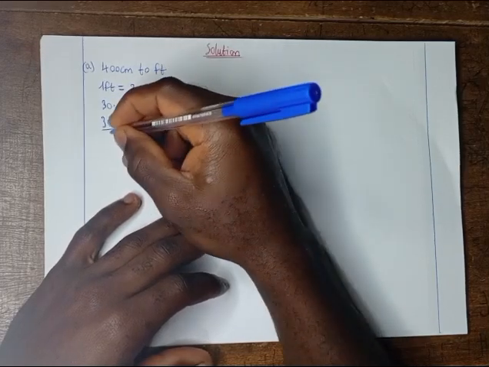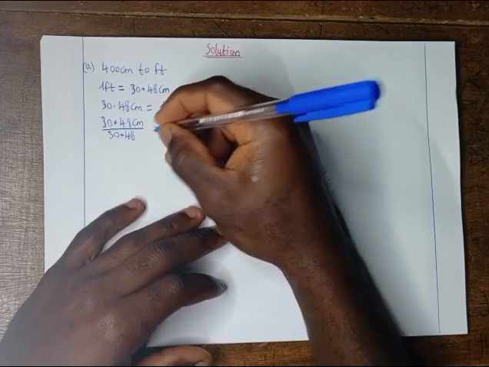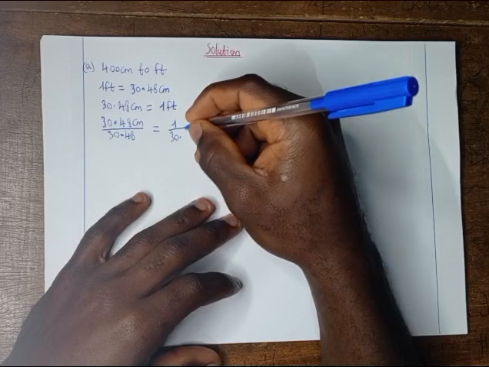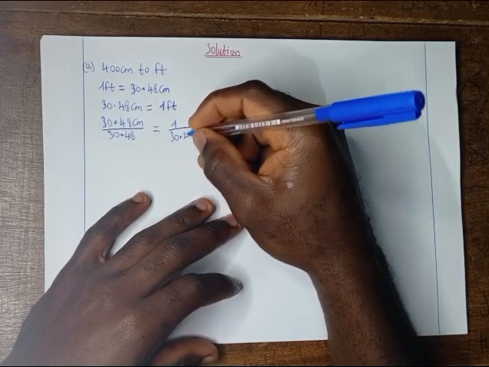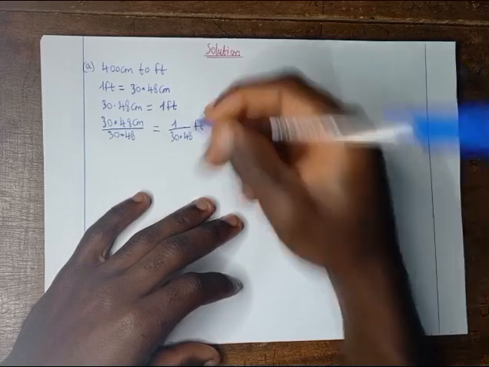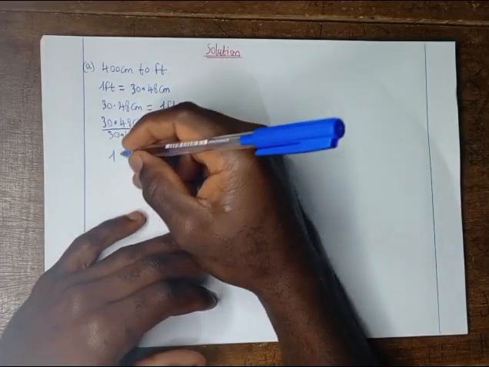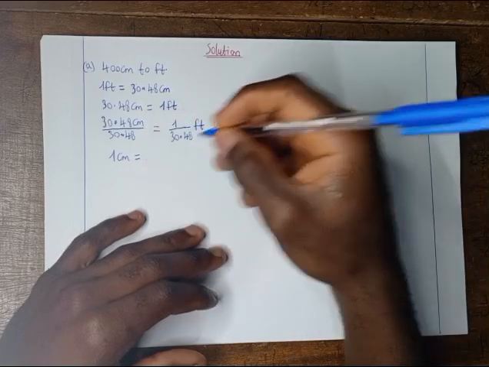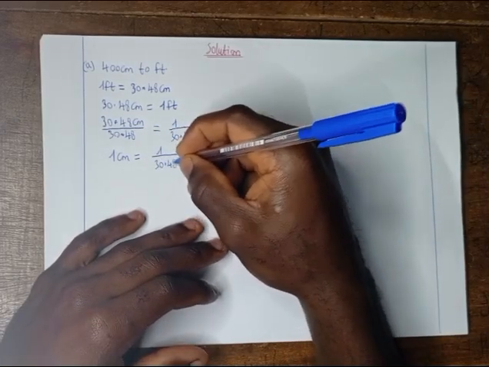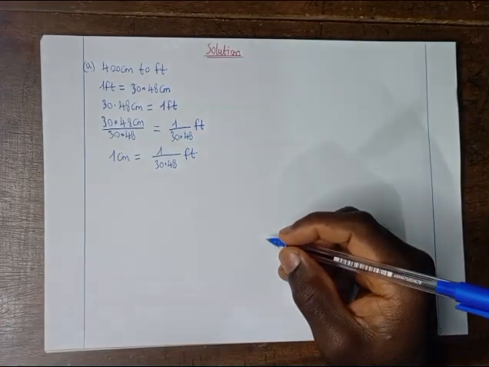This will be equal to 1 over 30.48, in foot. 30.48 will cancel 30.48. We'll be left with 1 centimeter is equal to 1 over 30.48 foot. I'll prefer to keep it as such.